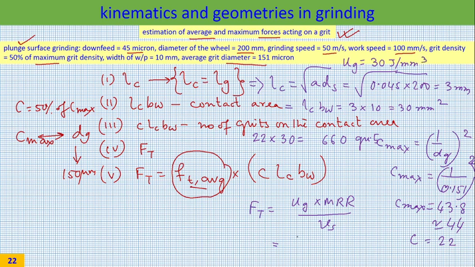So this becomes 30 into MRR. MRR is A, 0.045 into VW. Work speed has been given, yes, it is 100. Width is 10, divided by VS. How much is my VS? VS is 50.